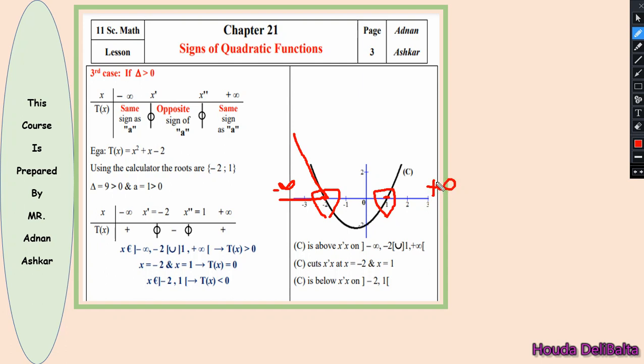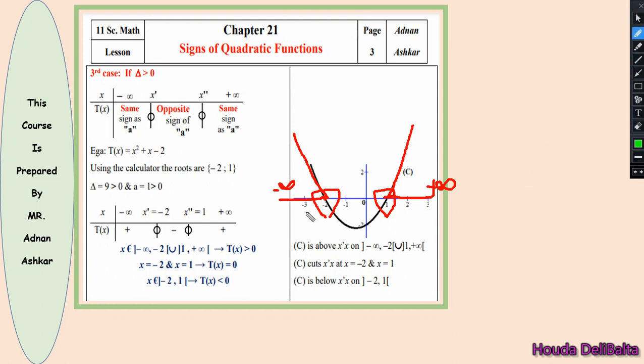So if x is moving from 1 to plus infinity along the x-axis, from the point of intersection to plus infinity, notice the other part of the curve that is above the x-axis, so that means that the function is positive. Now, where is the curve below the x-axis? Let's change the color.